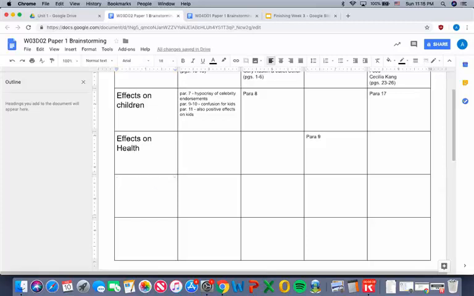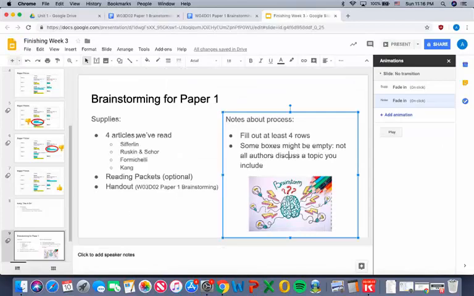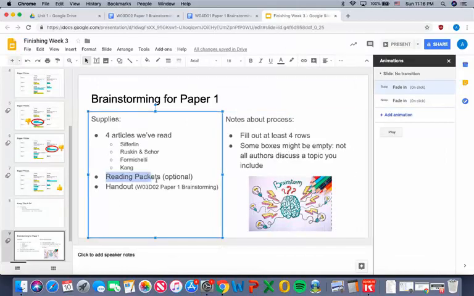But something more specific works, like the effects of advertising on children, or the effects of advertising on health. These are good because they are more specific. And I'm going to go back and say that if you can, go into the reading packets and use the themes from there.